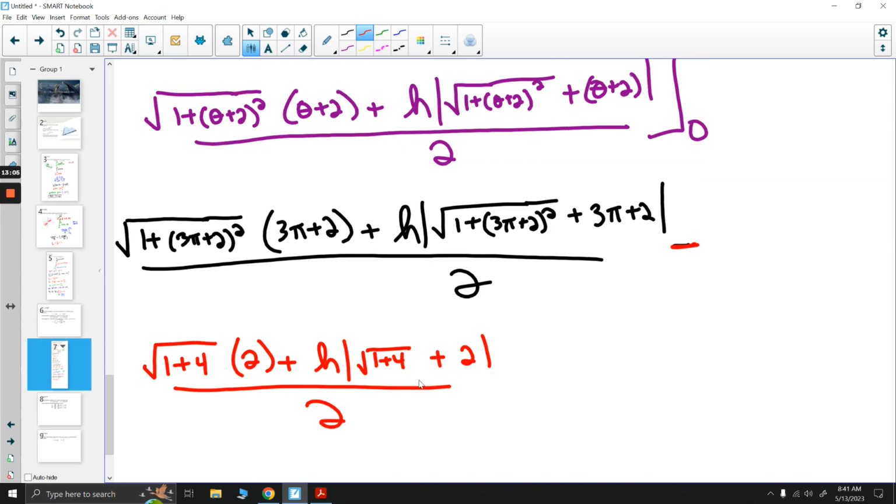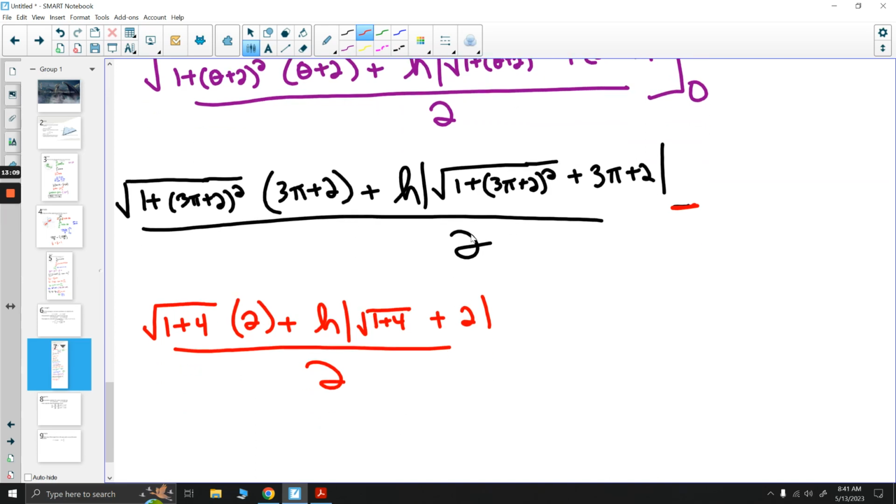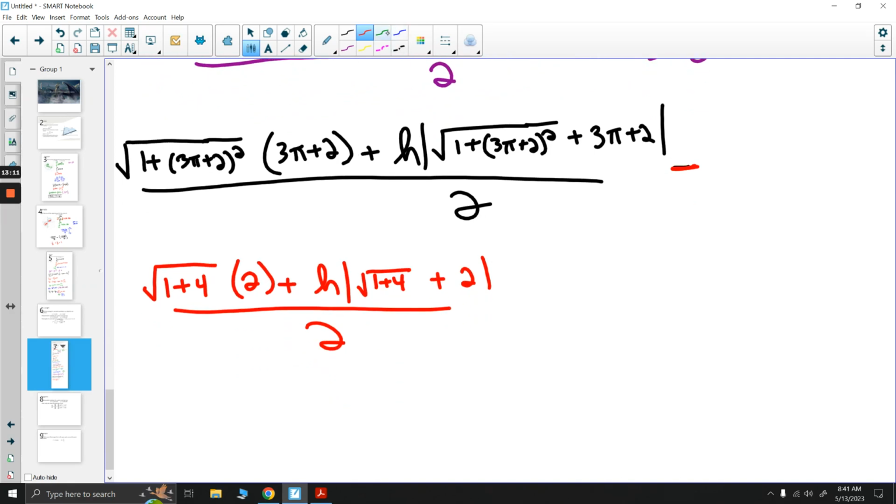So that cleans up. This one at least is somewhat nice. This one's hideous. Alrighty, so we end up with some exact value, which is disgusting. This thing minus this thing. So square root of 5 plus 2, I mean, that's all we can really do with that.